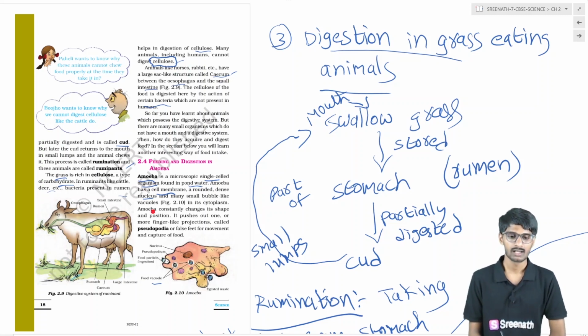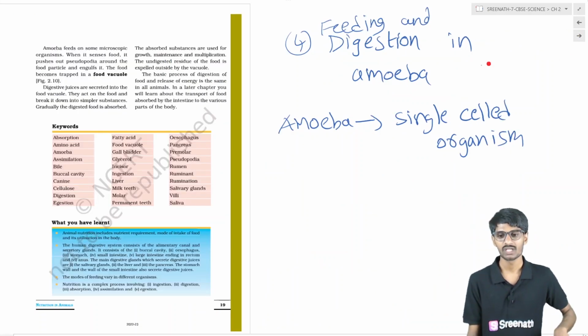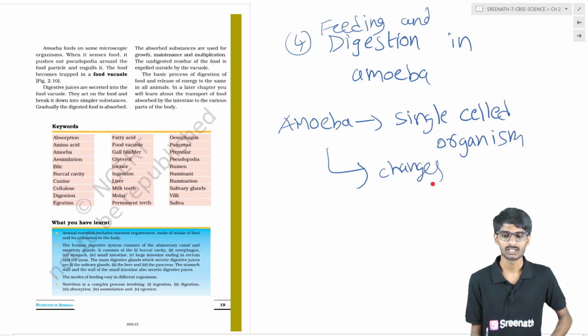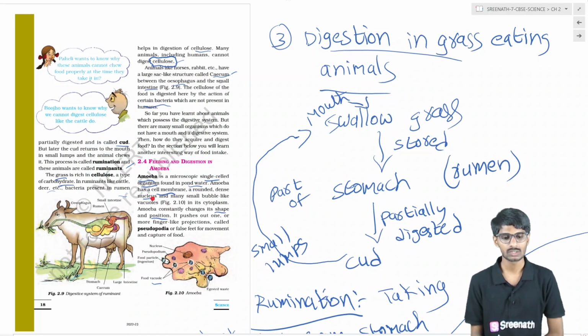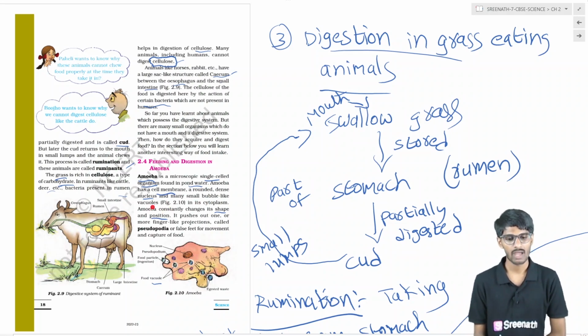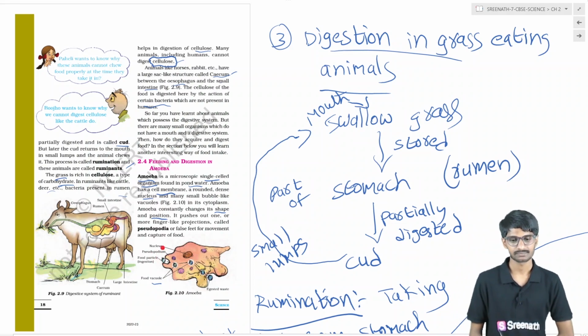In addition, amoeba constantly changes its shape and position. It has a nucleus, vacuoles, and a cell membrane like this, and it pushes out one or more finger-like projections called pseudopodia, or false feet, for movement and capture of food.